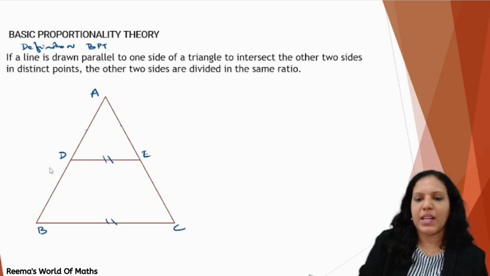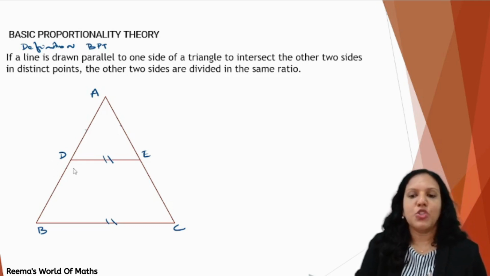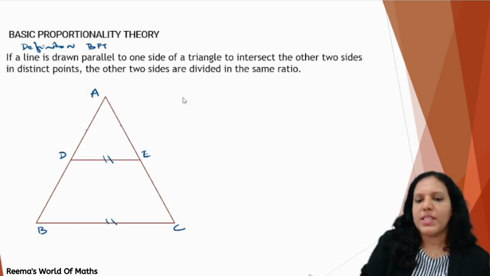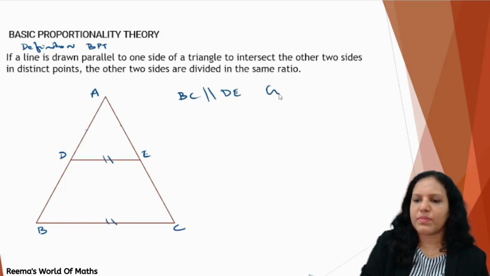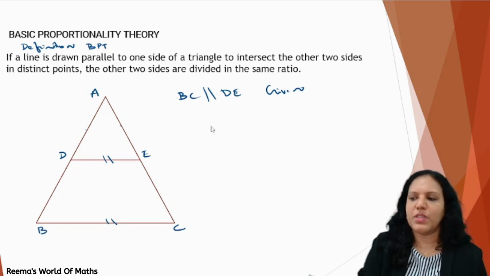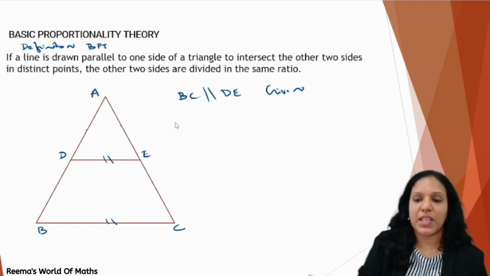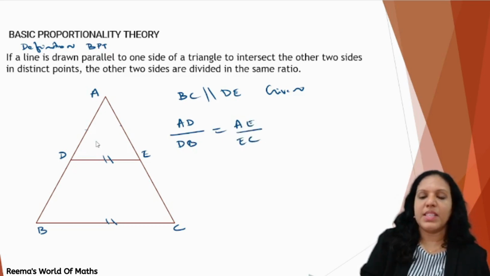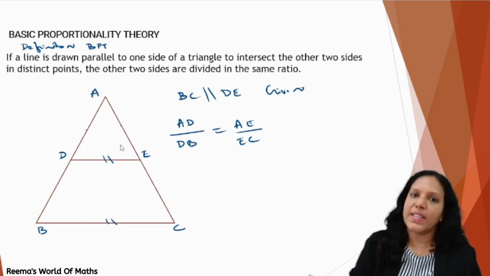So if BC is parallel to DE, which is given, then as per the theorem, AD by DB is equal to AE by EC. These two sides are divided in the same ratio.